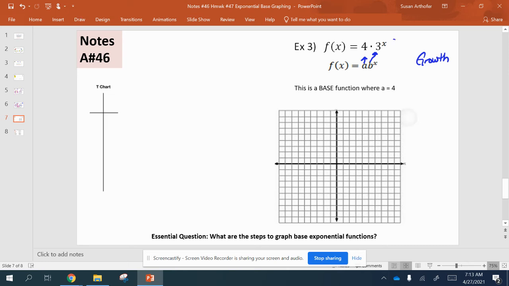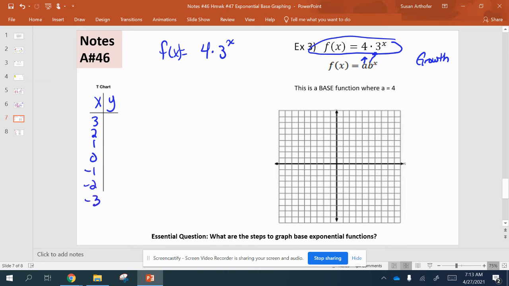So write down this function. Put in your x values. And let's start plugging in the x.